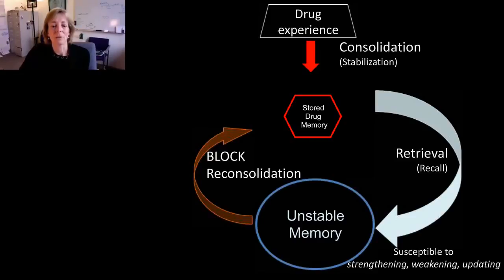We don't know if blocking reconsolidation reduces the stored memory or impairs the ability to retrieve that memory. That has not been determined yet. Regardless, the idea is that we could take a stored drug memory and potentially block or diminish it in some way so that we could decrease relapse. And that would be our ultimate goal.